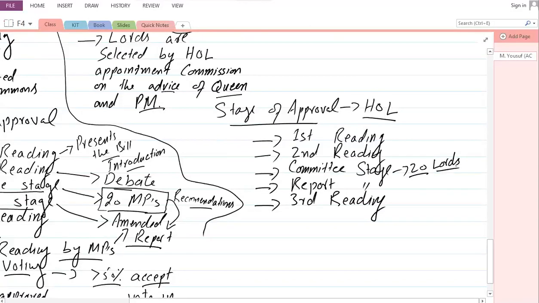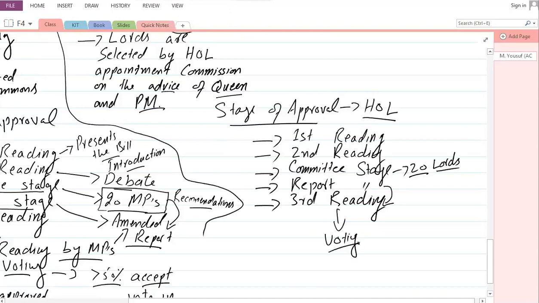Once again, that committee will prepare an amended report. This means that the report will be further refined by the Lords. And finally, that amended report will be presented to the full house. All the members, all the lords will read it again, and once again at third reading at the House of Lords, voting will be held.